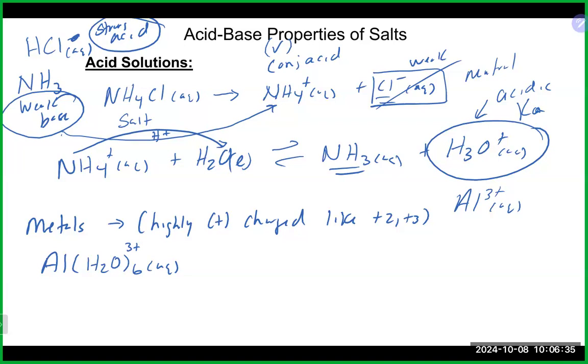So what happens in a situation like this is we have the aluminum attached to 6 waters. I'm just going to draw out one of the waters only. By the way, the waters are attached through the oxygen.